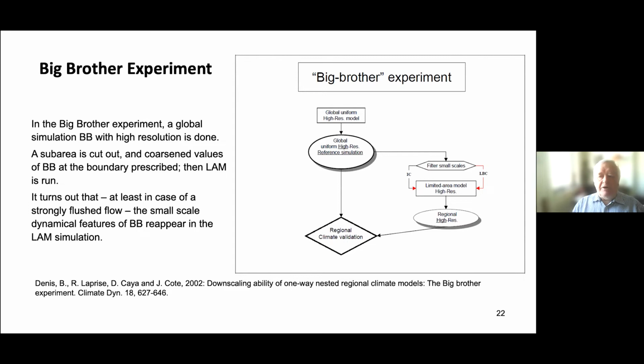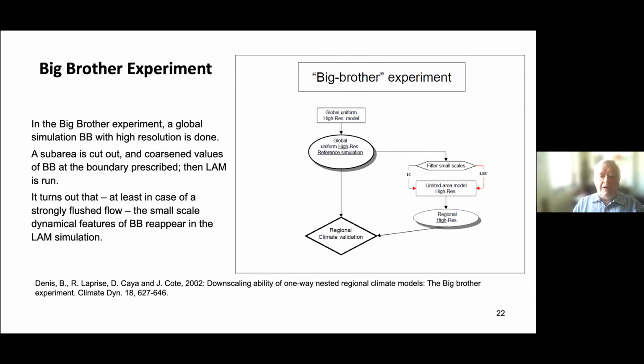An important experiment, which was done in 2002 by the group of Daniel Laprise, was the so-called Big Brother experiment. So what they have done is they have a Big Brother simulation with a high resolution, covering a regional area or global, and then a sub-area is cut out, and constant values of the Big Brother at the boundary are prescribed.